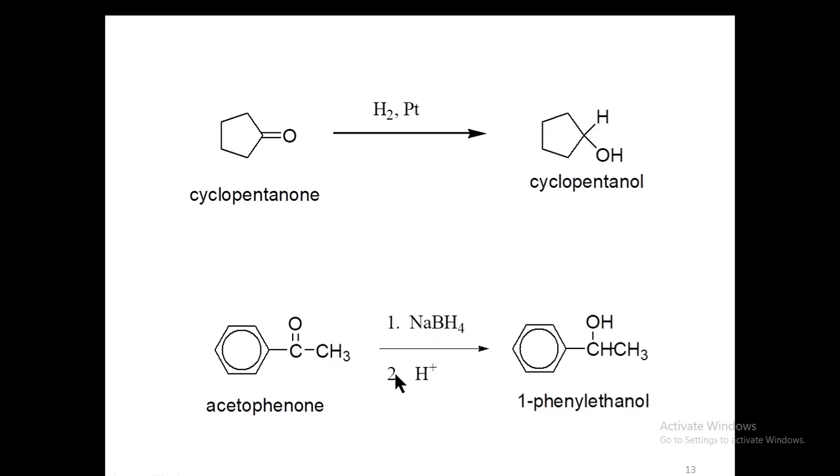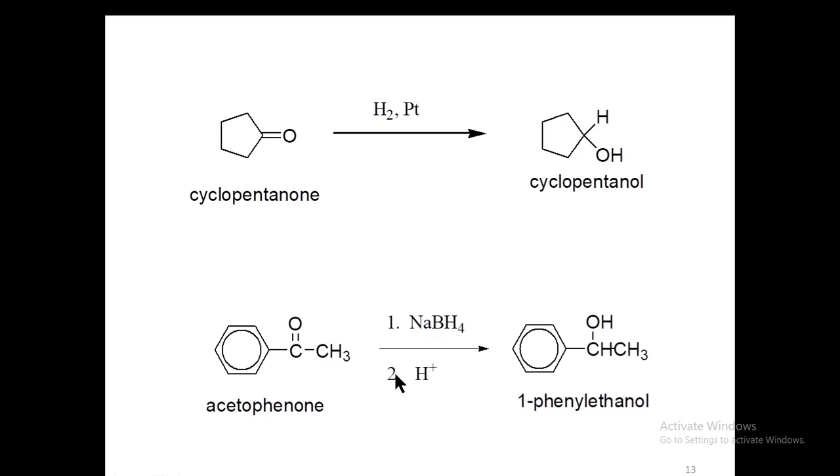Then the reagent: acidic condition, basic condition, neutral condition. The reagent, that is a reducing agent, oxidizing agent, or any other reagent. Besides this, if you make a list of oxidizing agents and reducing agents, then it will be easy for you.